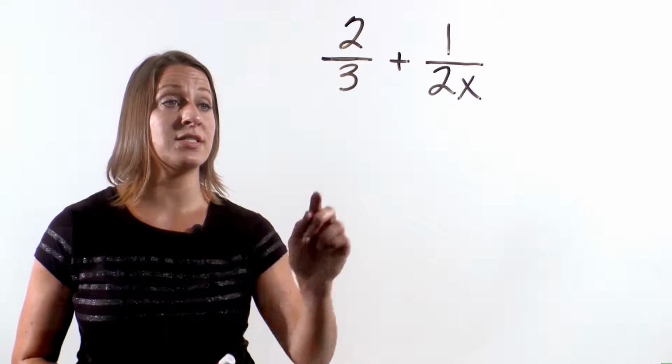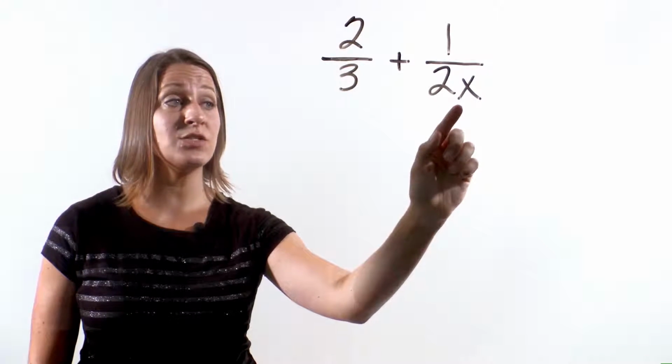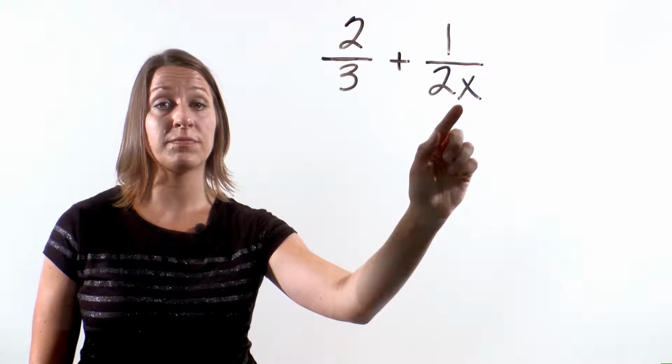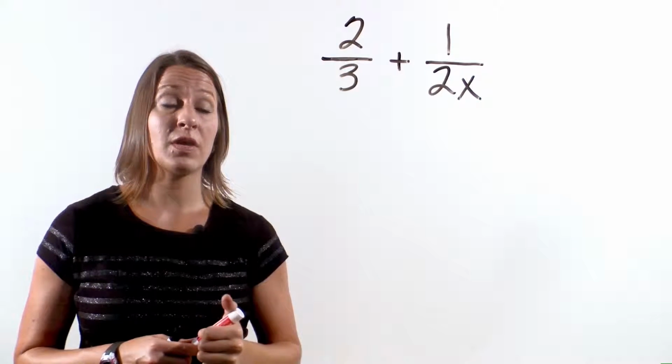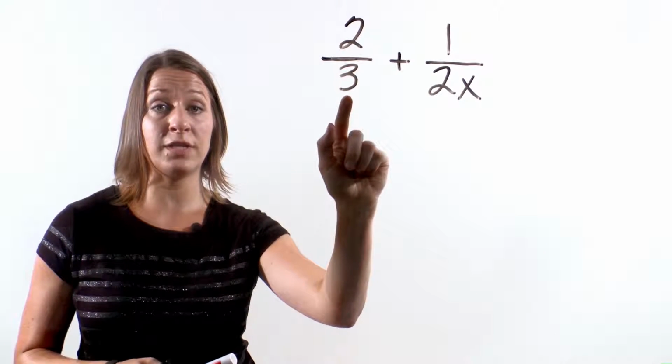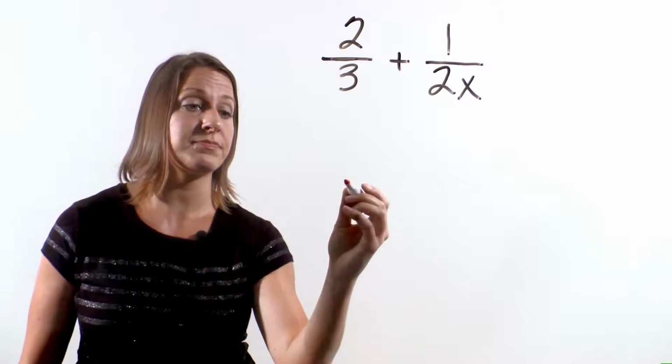So take a look at this. We have a 3 as our denominator, and we have a 2x. We need to come up with one denominator that 3 goes into evenly, and 2x goes into evenly.